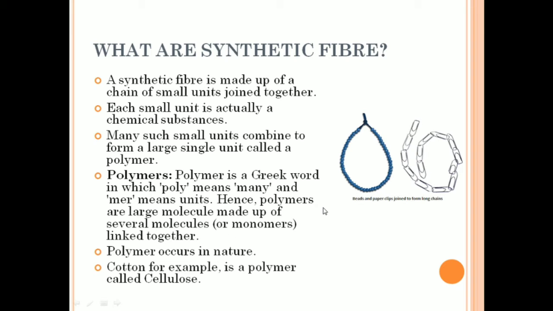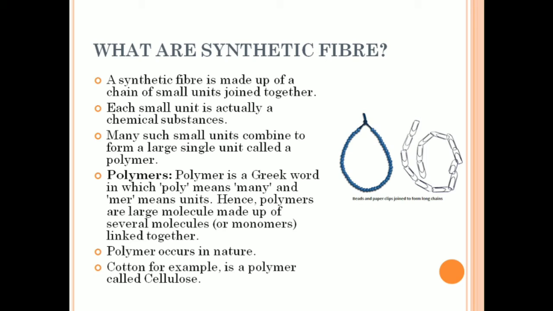So how are polymers made? They are made by linking together several molecules or monomers. Monomers means the small units which are combined to form a large molecule. Basically that single unit is known as monomer. So these single units are linked together and they form the large molecule that is known as polymer.